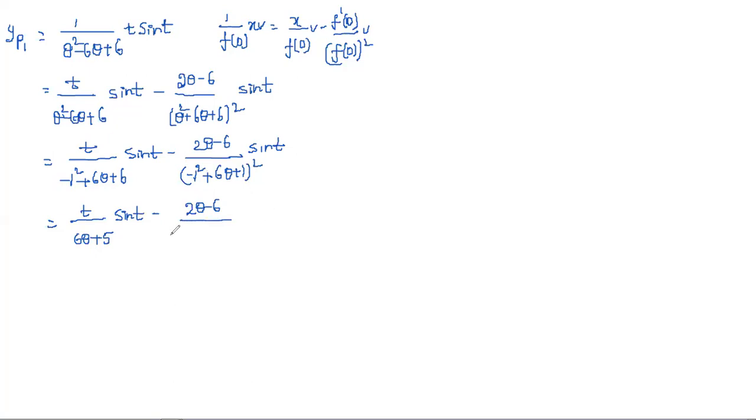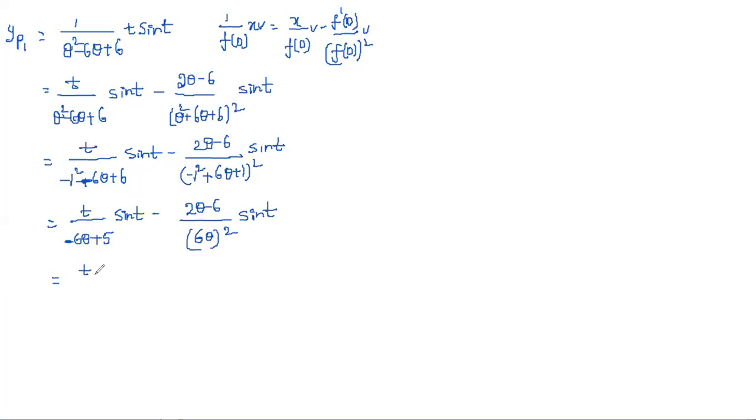So then here it is minus 6 theta plus 5. So this is minus 6 theta plus 5. Very good. Thank you. So now here minus 1 plus 1 cancel them. So what about the remaining? minus 6 theta plus 5 whole square. This is the remaining one into sine t. So this is equal to t by.